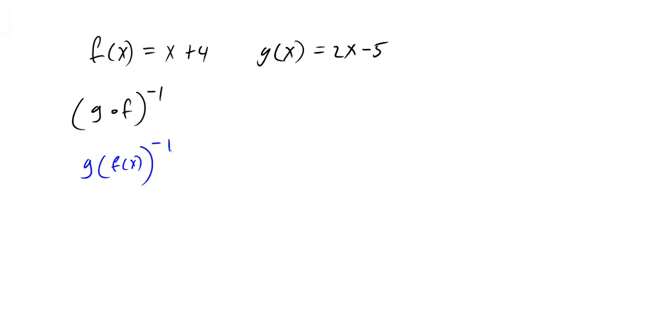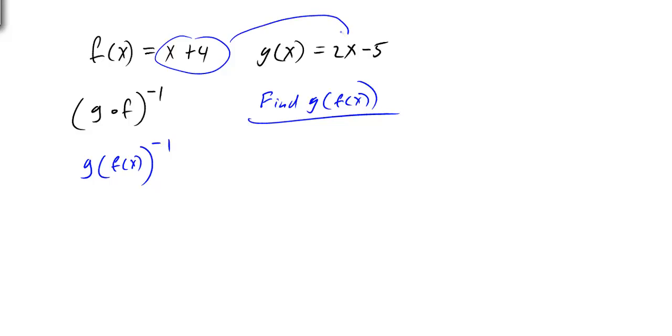So what that means is first we need to find g of f of x. So that means we're going to take function f, and plug that into function g. So we would end up with 2 times x, so that's really 2 times x plus 4 minus 5.